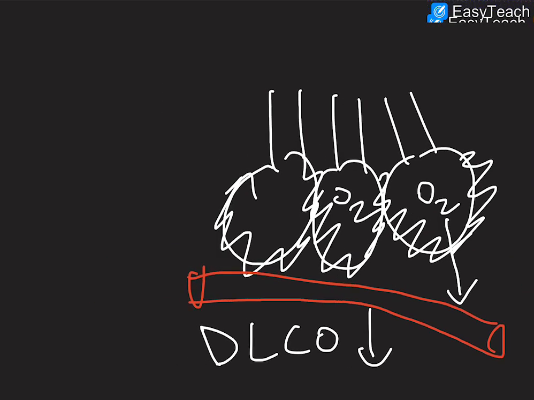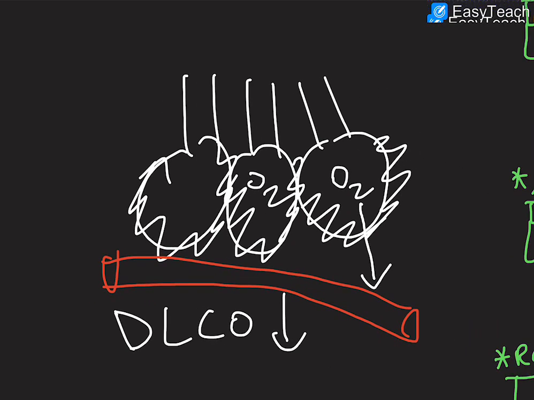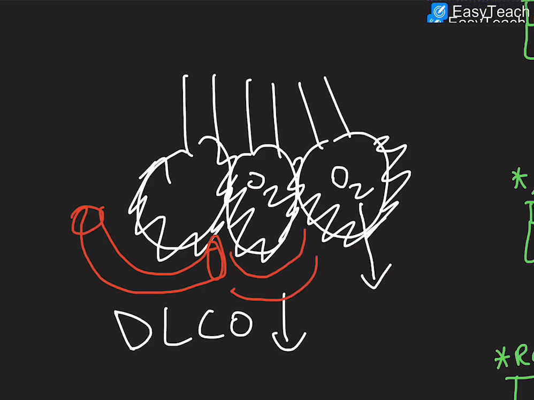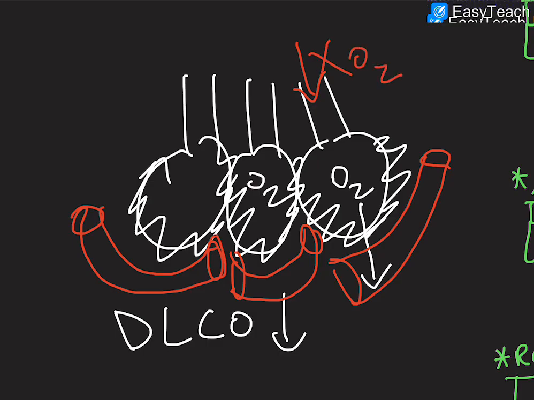So let's say we draw this individually. We have a capillary here for this alveolus, a capillary here for this alveolus, and a capillary here for this alveolus. If this alveolus is not getting enough oxygen, then the capillary supplying this alveolus will constrict.